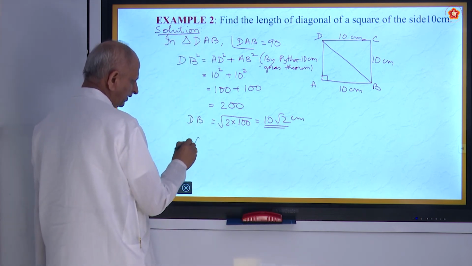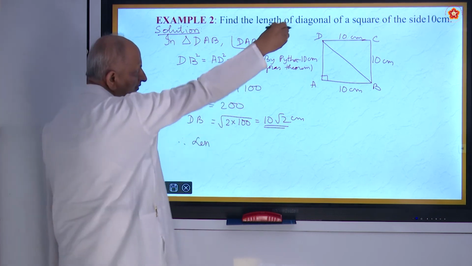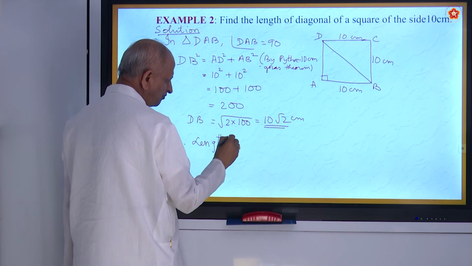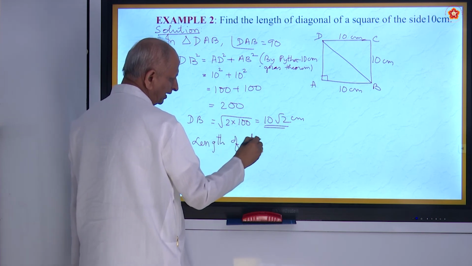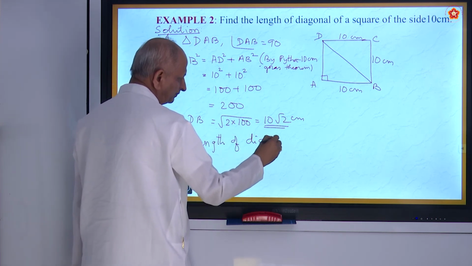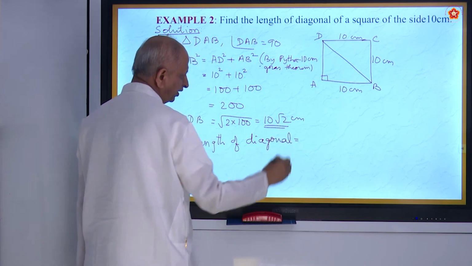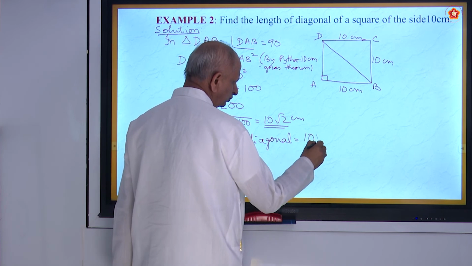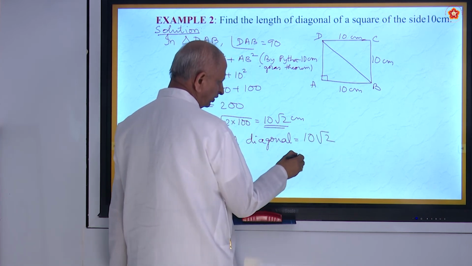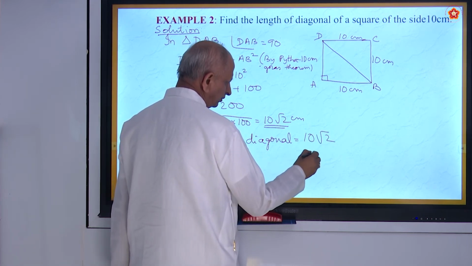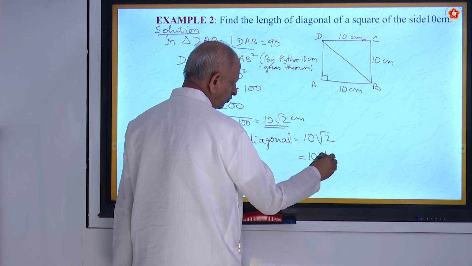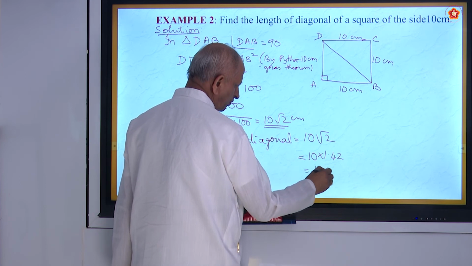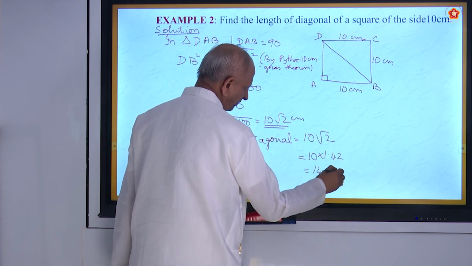Therefore, the length of the diagonal. How many diagonals will you have? 2 diagonals. Both are equal, right? 10 root 2. What is the value of root 2? Root 2 is say 1.42 you can take. 10 into 1.42 is 14.2 centimeters.